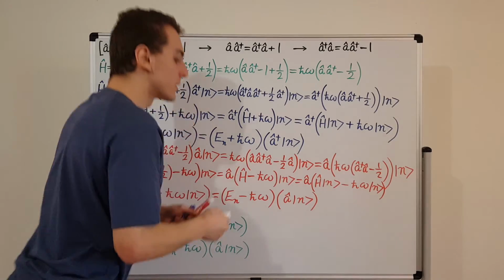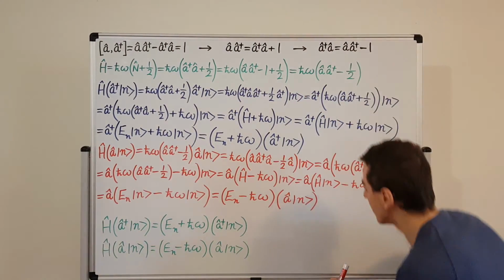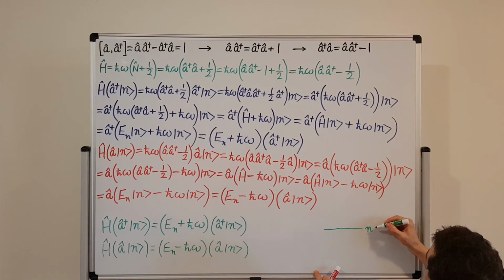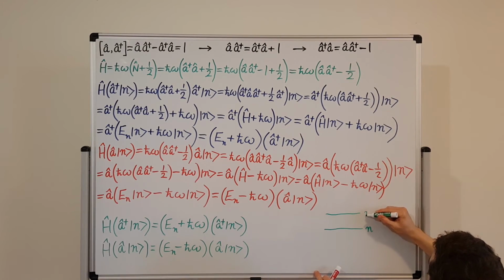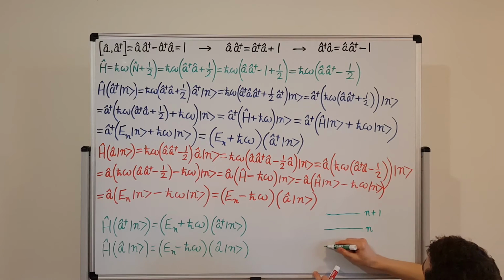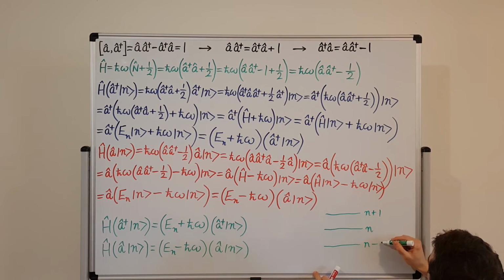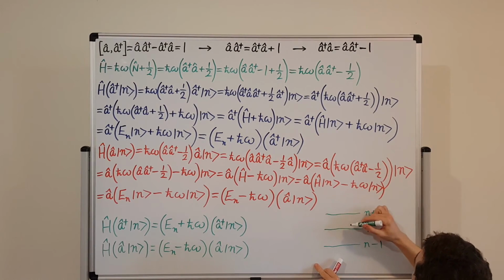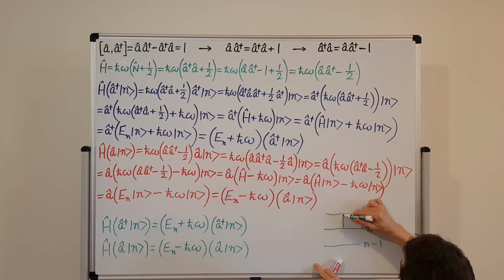So I'll draw a little diagram over here. If we have the nth state over here, so this is the state n, and this over here is the state n plus 1, and this is the state n minus 1. The energy over here is going to be h bar omega larger. So if we go up, that's adding h bar omega.